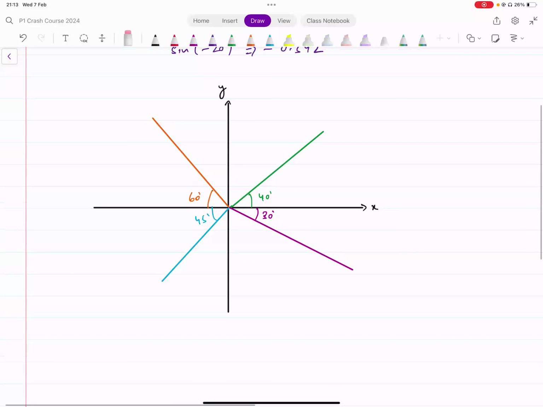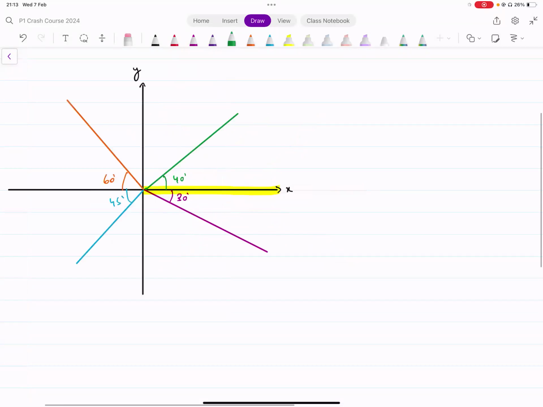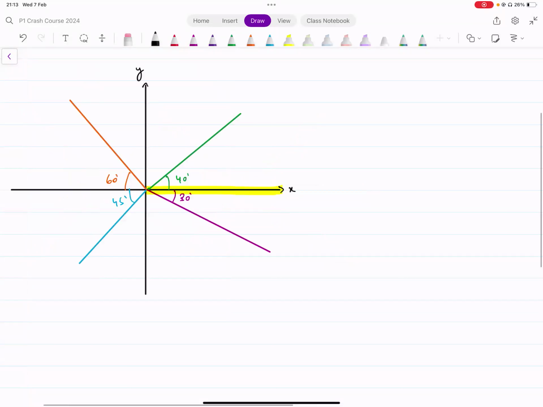Now, what are the angles of these different lines? First of all, we need to know that angles are always measured from the positive x-axis. Let me write that down here.